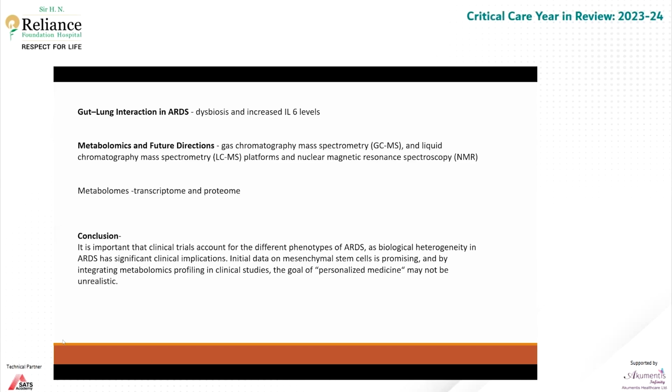To be very simple, keep your plateau pressures below 30, 25 to 30 is the best target. Optimizing your PEEP. There is a lot of to and fro with regards to the recruitment maneuvers, whether they should be used, though to be very honest, we see a lot of us using recruitment maneuvers. I probably leave that for the last thing. Proning seems to be working fantastically.